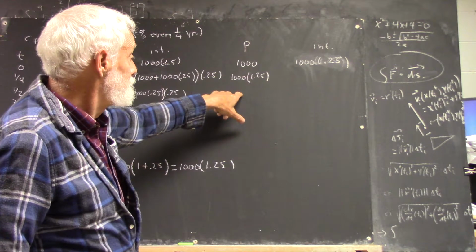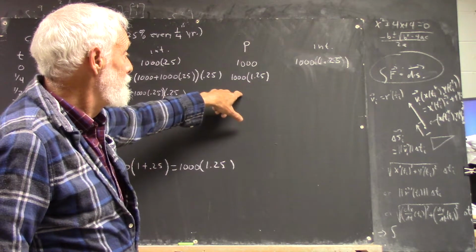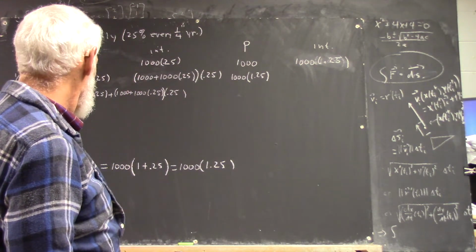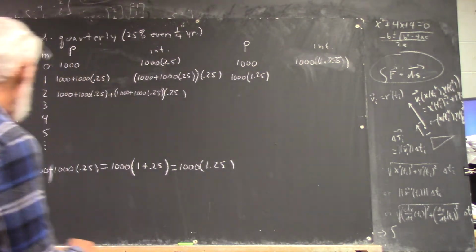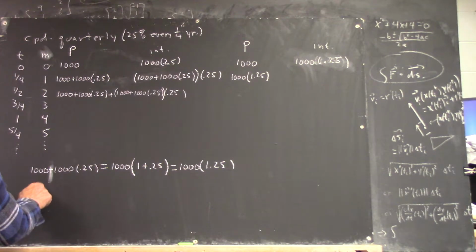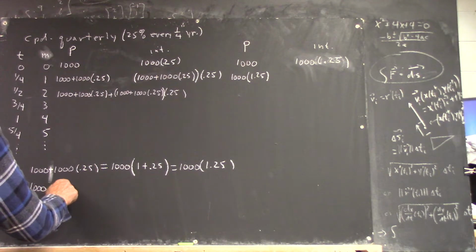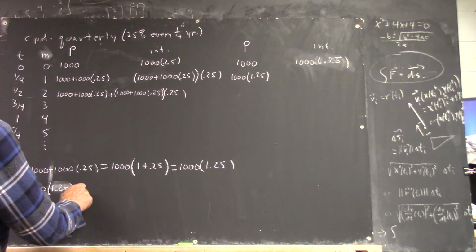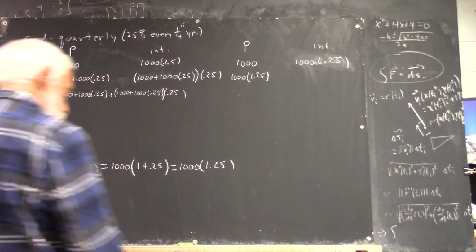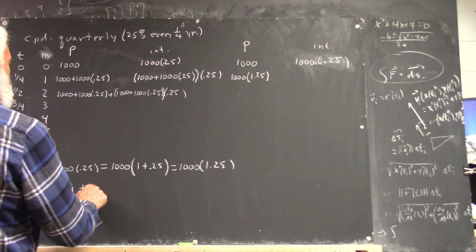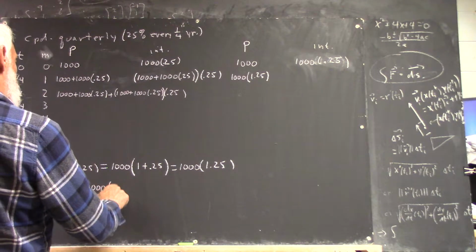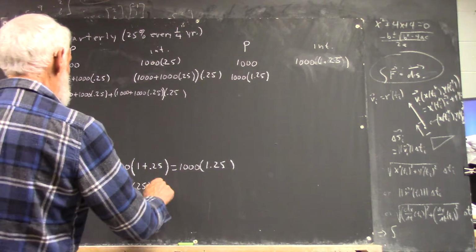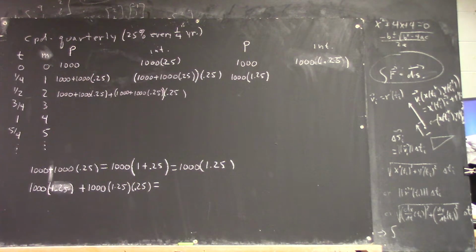I'm going to write down another step here. Okay, now 1,000 times 1.25 plus 1,000 times 1.25 multiplied by 0.25 is equal to what?